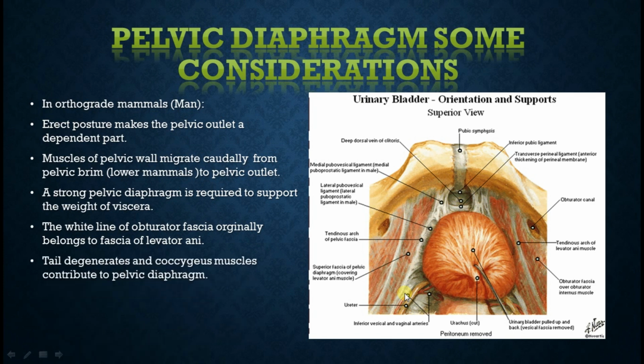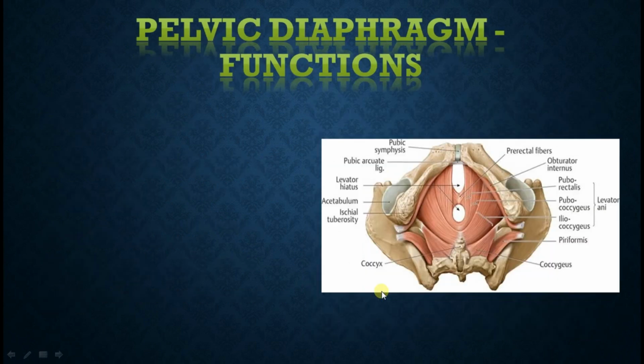Because the tail has degenerated in man, the muscle of the tail, the coccygeus, contributes to the pelvic diaphragm, but it is not a very active contribution. Most of the coccygeus muscle degenerates into the sacrospinous ligament.